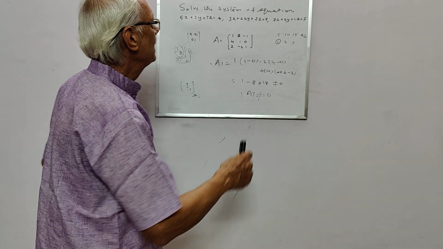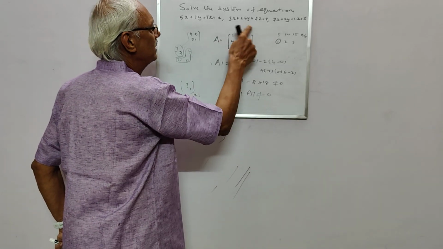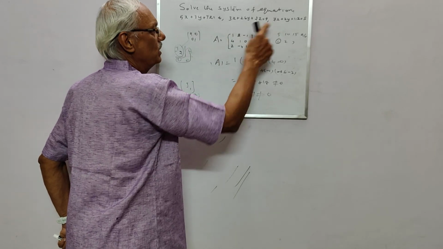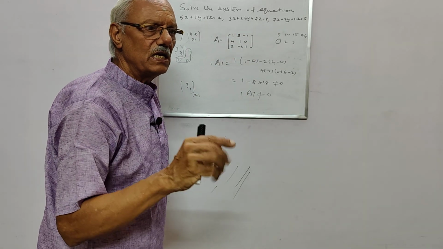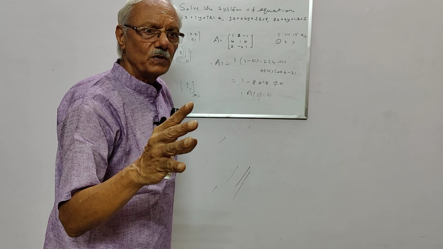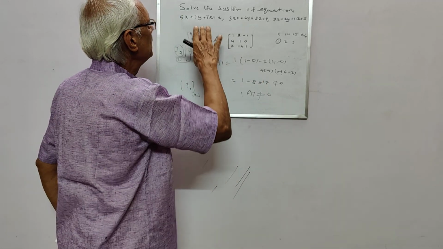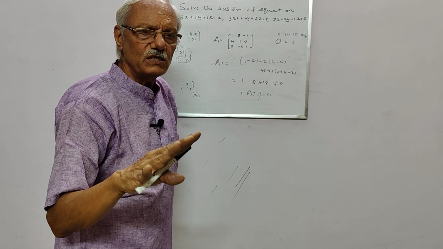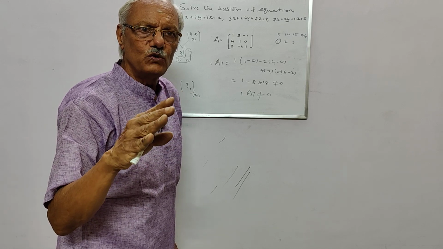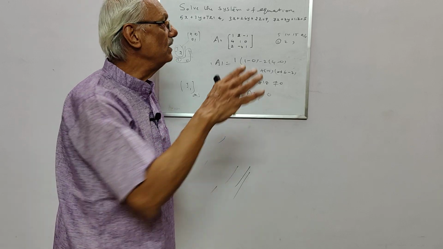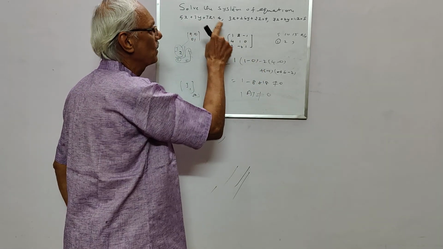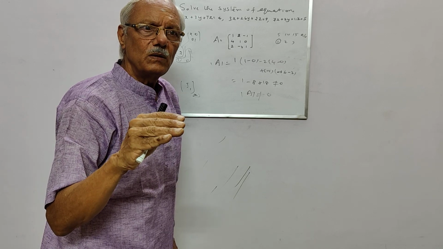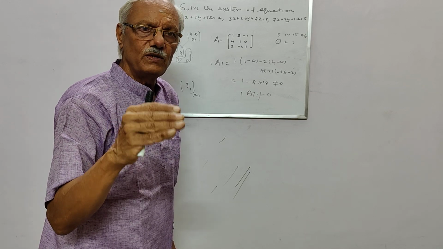Now you see that here you have got this system of equations involving x, y, z. Solve the system of equations means you have to solve for the values of x, y, z. These are all unknowns. X, y, z are all unknown, and you have to now solve. You have got many methods of solving this problem.